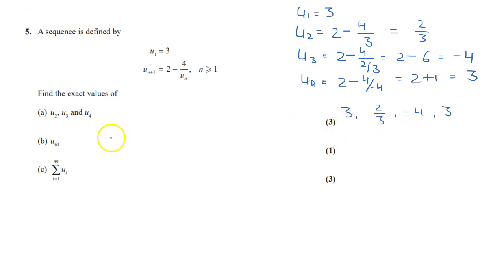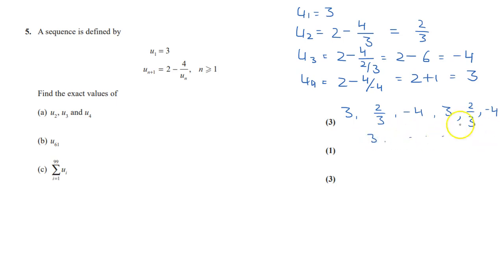This series is not following any pattern, because if you divide consecutive terms you are not getting a common ratio, so it's not a geometric sequence. It's not an arithmetic sequence. It means it's following a pattern. So if you try to find the fifth term you will get 2 over 3, and sixth term minus 4, and seventh term 3.